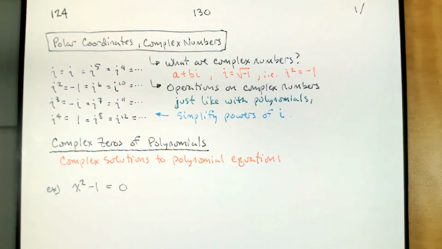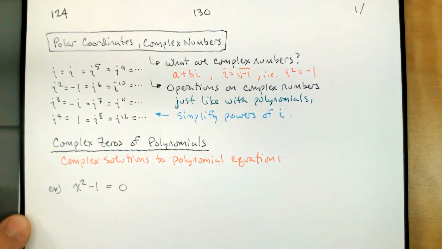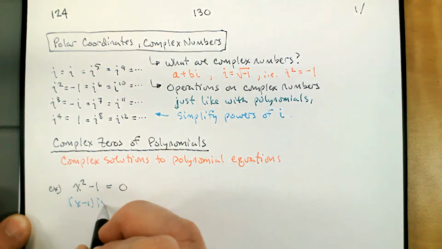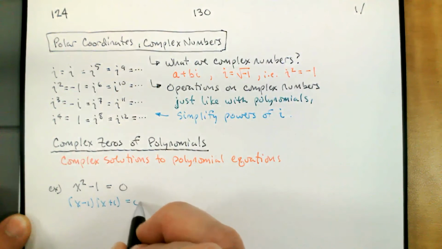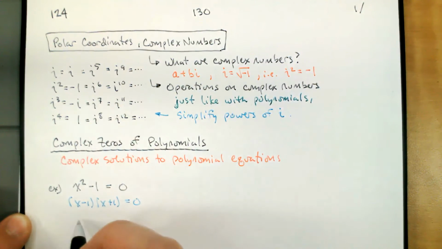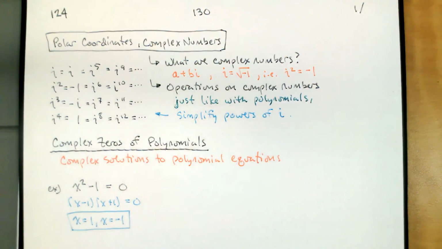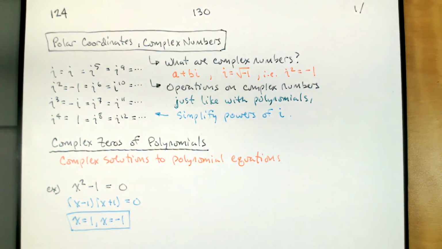We got plus and minus 1 for 0. So if we have x squared minus 1 equals 0, this polynomial equation, we can solve this by factoring the polynomial, and then using the zero property. And so we see that we have these two real solutions to this polynomial equation.